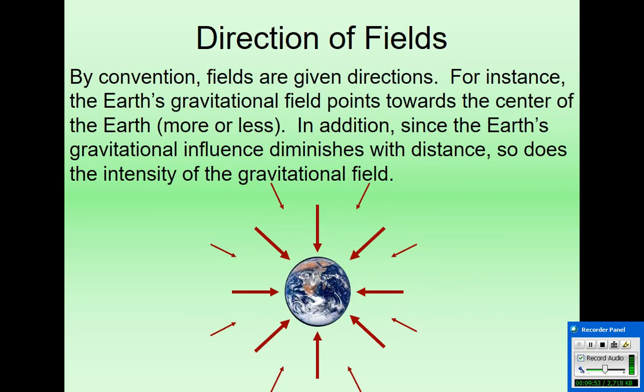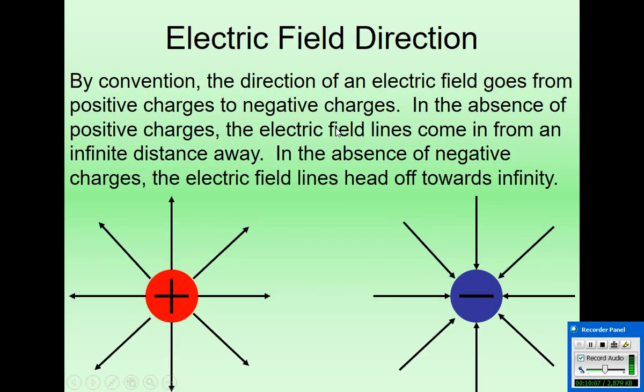Charges, because they could be either positive or negative, have situations where you would say the field points towards the charge, but they might have situations where the field points away from a charge. And that direction is determined, of course, by the sign of the charge, and convention holds that the electric field created by a positive charge points away from the positive charge. The electric field created by a negative charge points towards that negative charge.